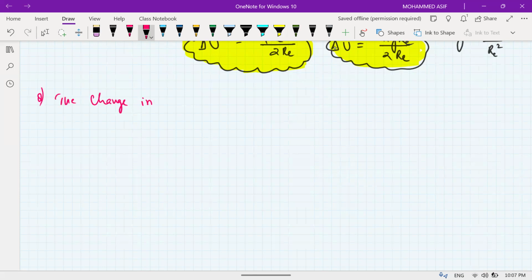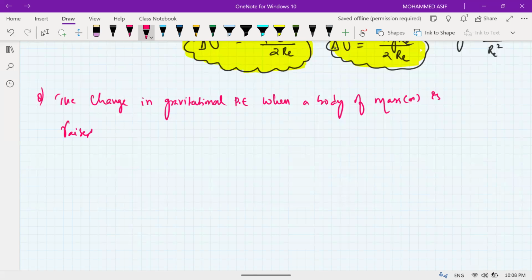The change in gravitational potential energy when a body of mass m is raised to a height nR, n times the radius of the earth, above the surface of the earth.